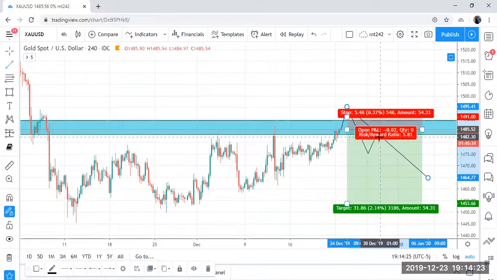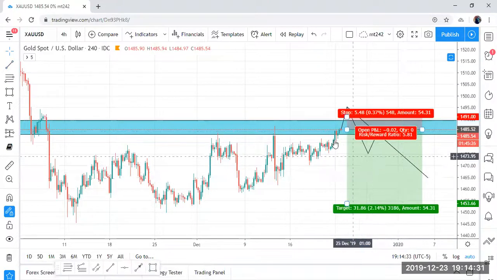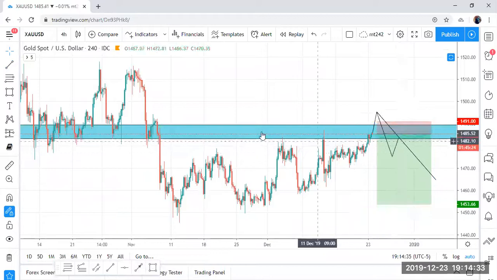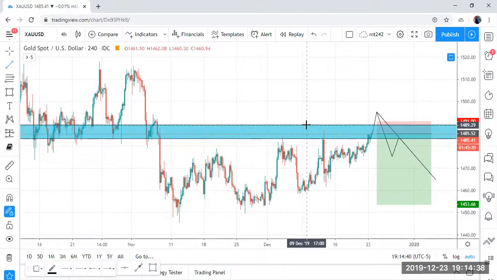This may take a week to happen, but when I do take the trade, it's going to be a high probability setup. I don't have to hurt my head about it. If it doesn't happen, we just change our focus. Let the market tell you what it wants to do.